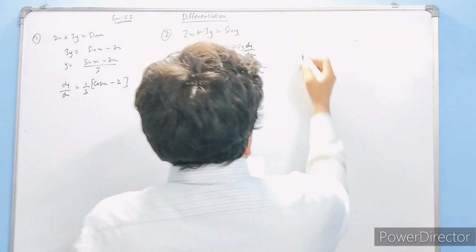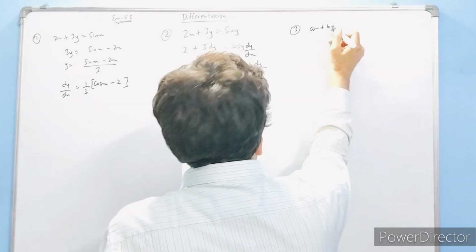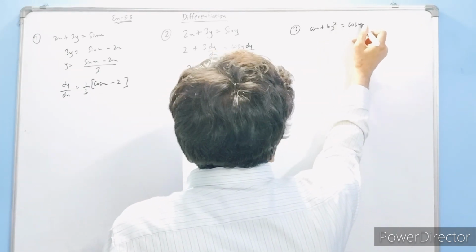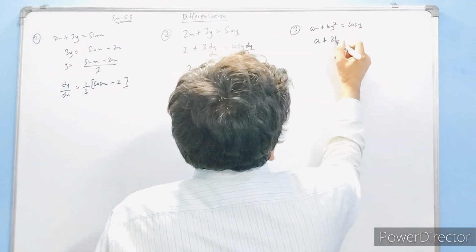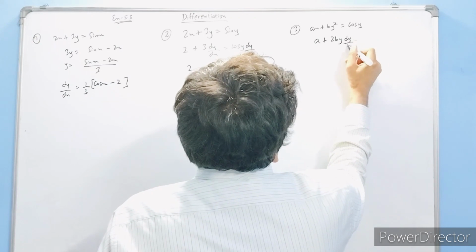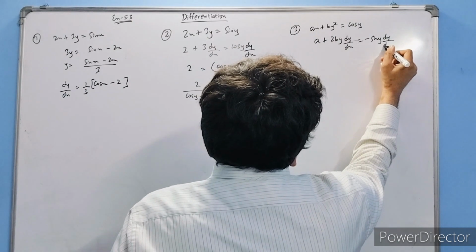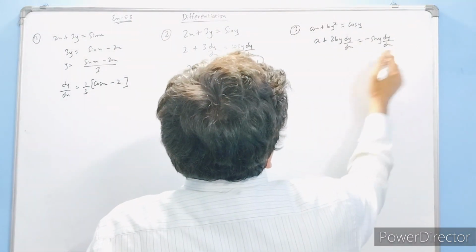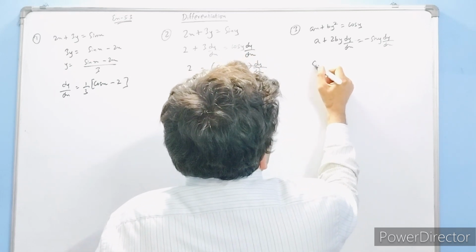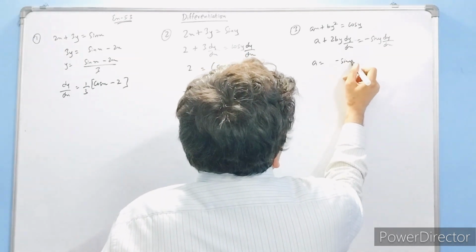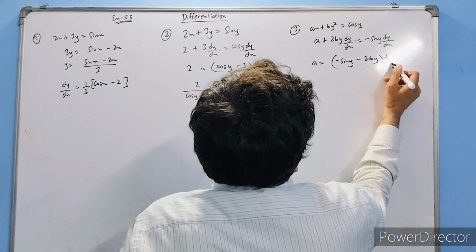Let us move to the third question, that is ax plus by square is equal to cos y. If I differentiate here, I get a plus 2by dy upon dx is equal to minus sin y dy upon dx. Now take that side, so I get a is equal to (minus sin y minus 2by) dy upon dx.